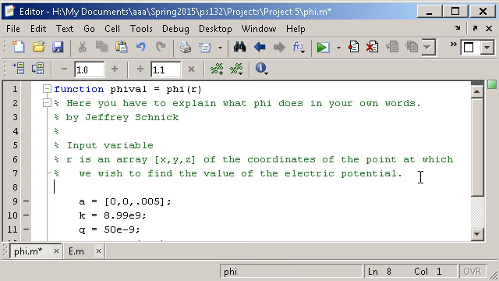And then percent output variable. There is just one.